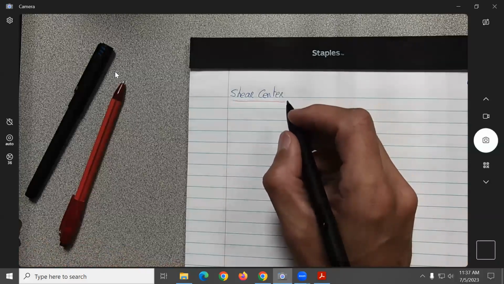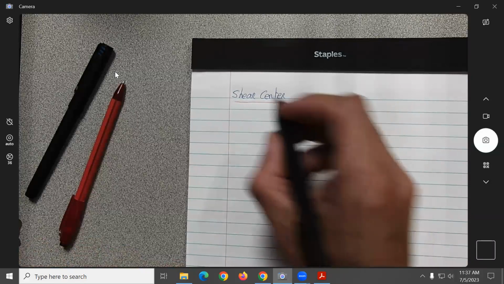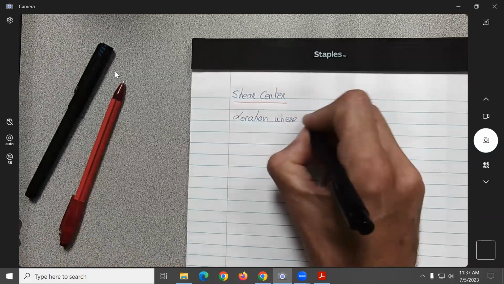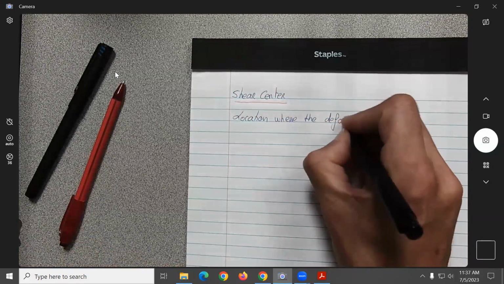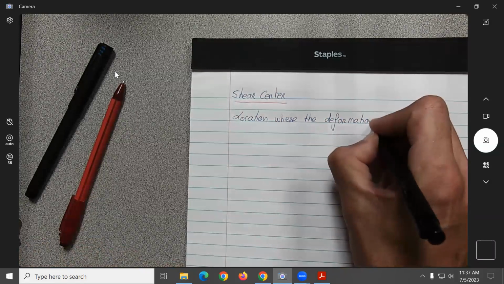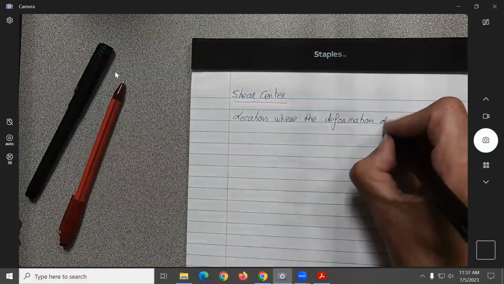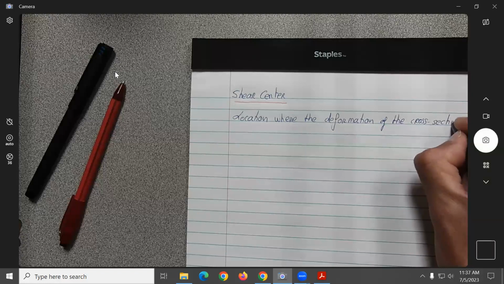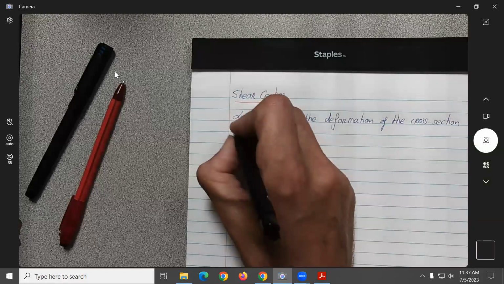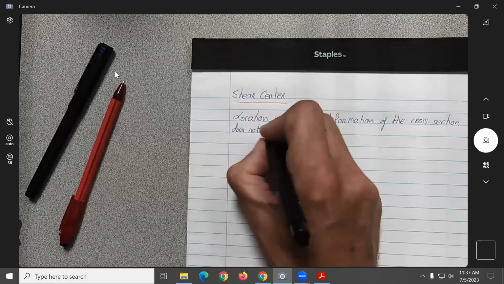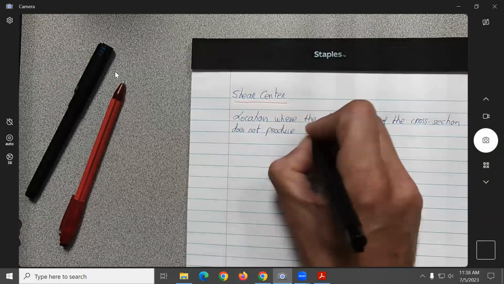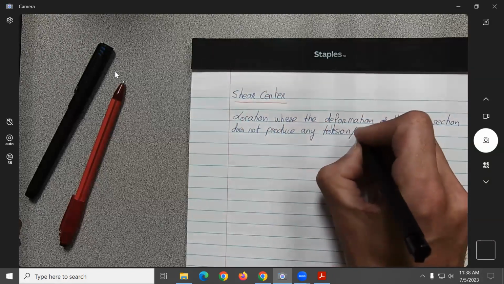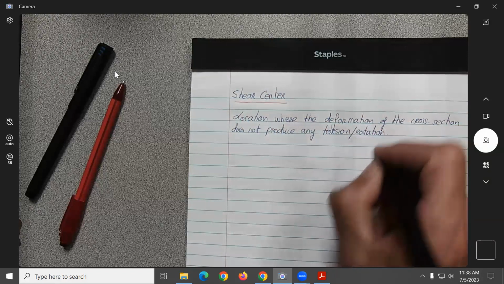So it is the location where the deformation of the cross section does not produce torsion, I'm going to put here slash rotation.